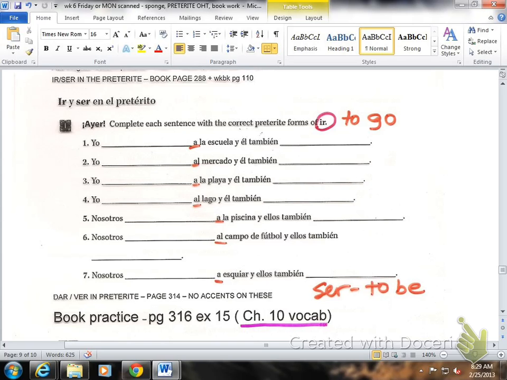So is it he and somebody else? I did this, he did this also. So, yo form fui, ella usted form is fue with an E. Okay? So, fui, fue, fui, fue, fui, fue. For 1 through 4 there.